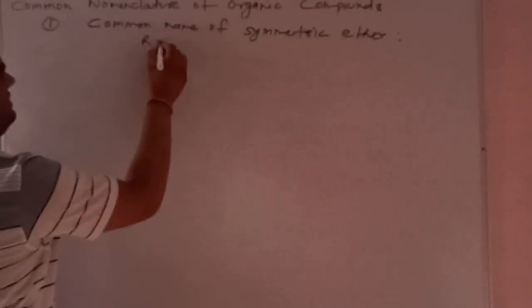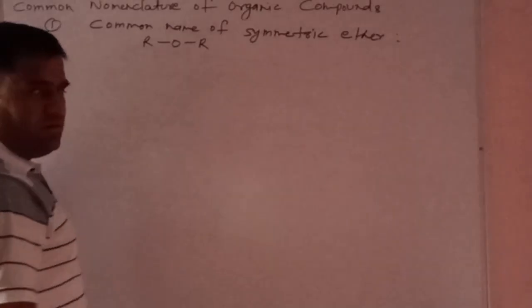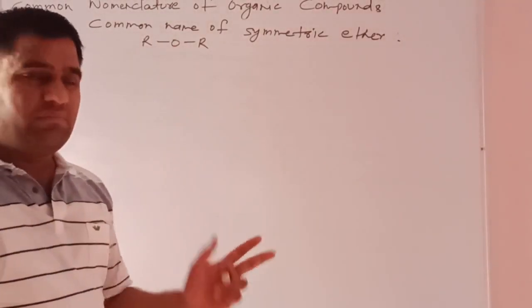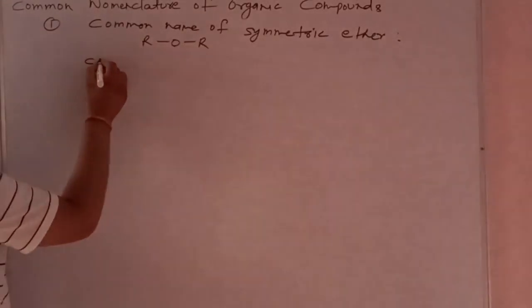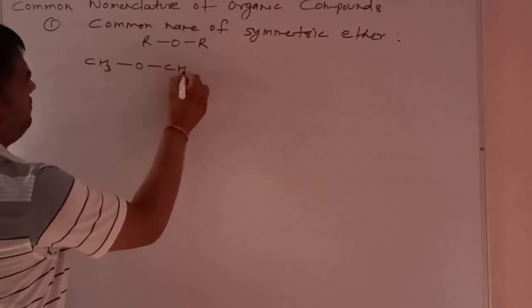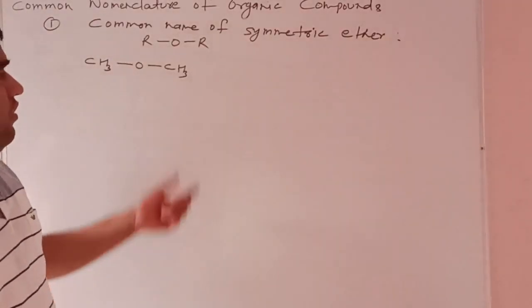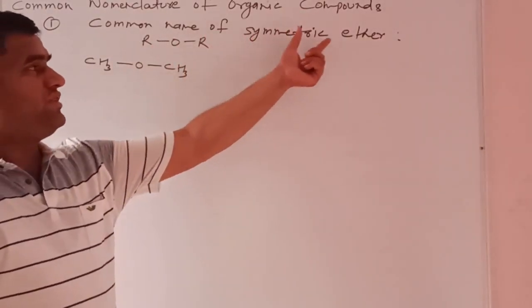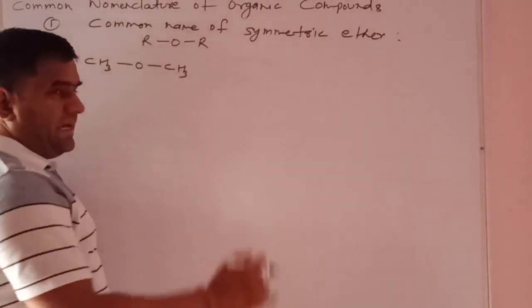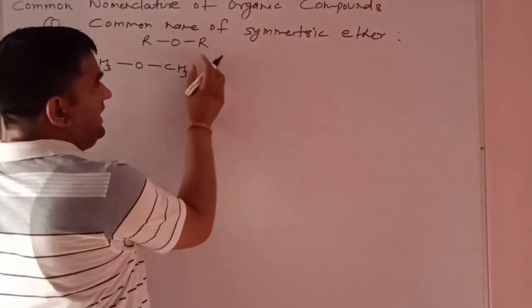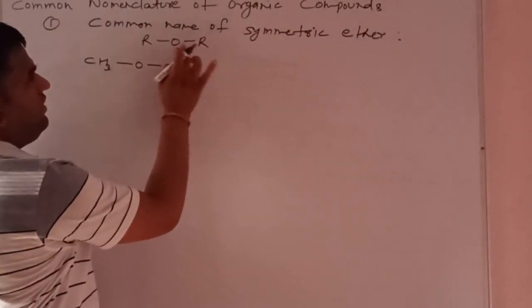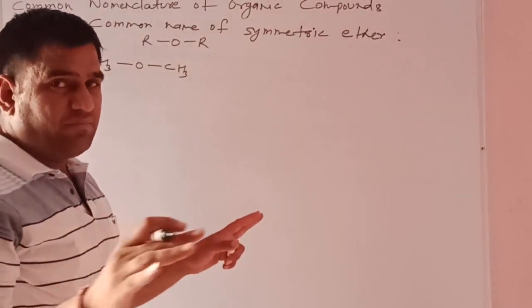Symmetric ether is ROR, both hydrocarbon chains are the same, for example CH3OCH3. For the common name of symmetric ether, the hydrocarbon chain is written as alkyl, and in symmetric ether both hydrocarbon chains are the same.